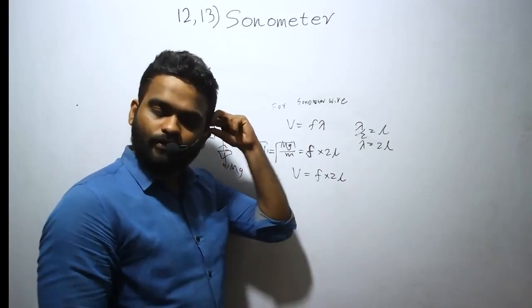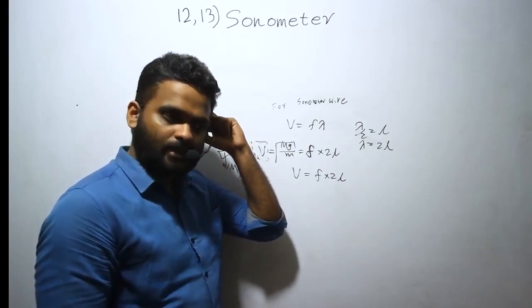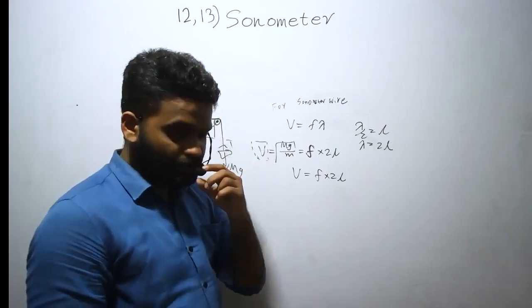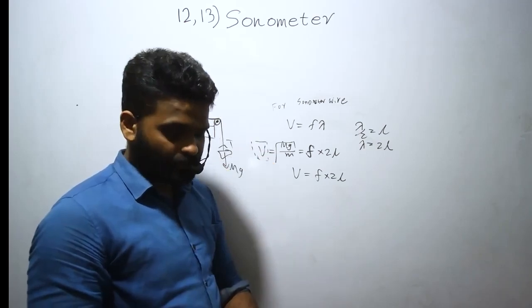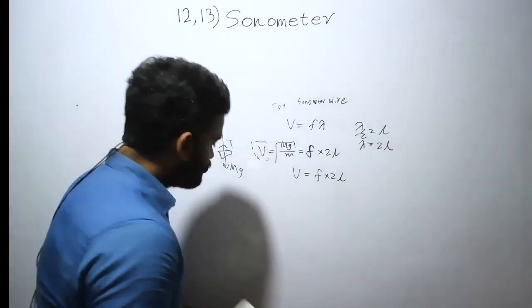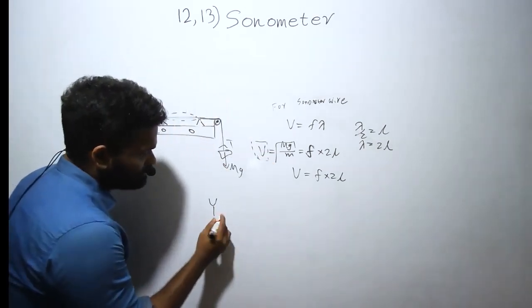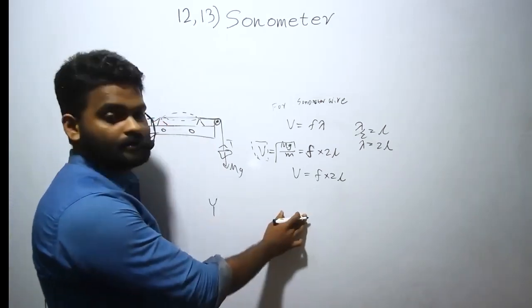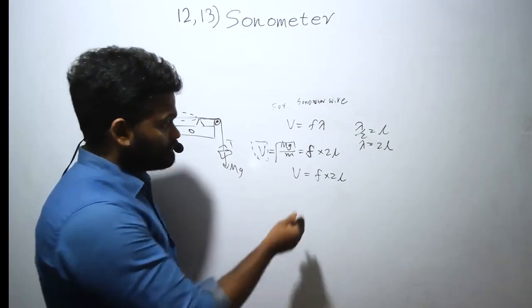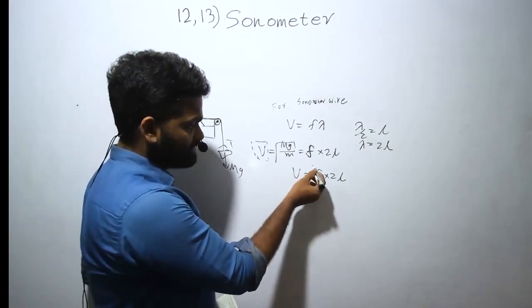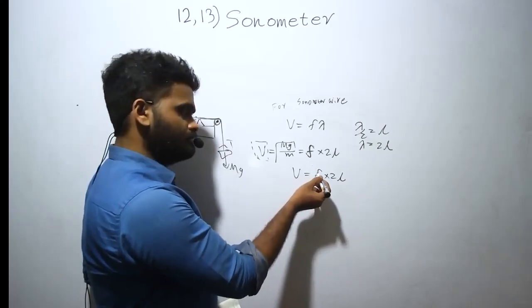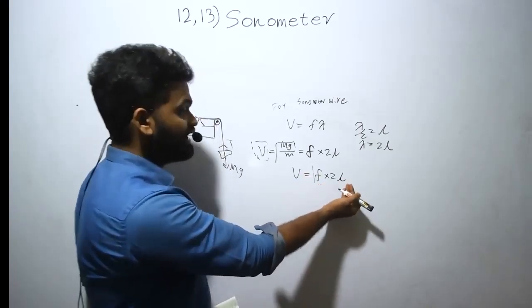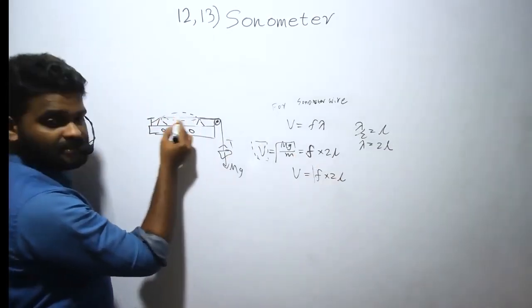So what we are going to do here is, in the experiment, you have a set of tuning forks, right? From smallest to largest. You know, the smallest one has the highest frequency, right? So you can gradually increase or decrease frequency. Depending on that, you get different resonating lengths here.